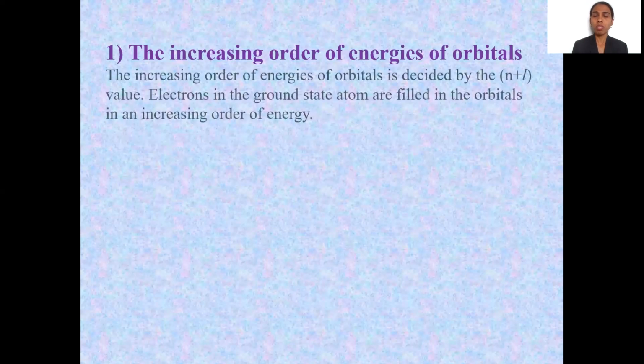In that, first one is the increasing order of energies of orbitals. The increasing order of energies of an orbital is decided by the n plus l rule. Electrons in the ground state atom are filled in the orbitals in an increasing order of energy.